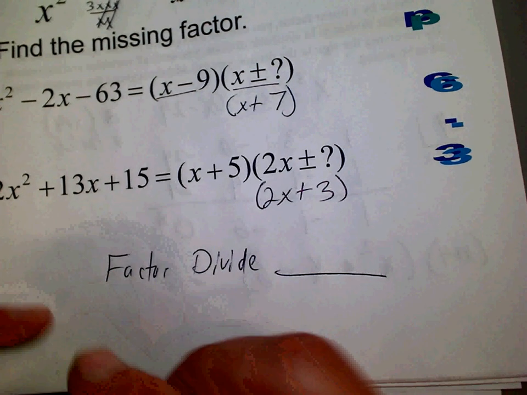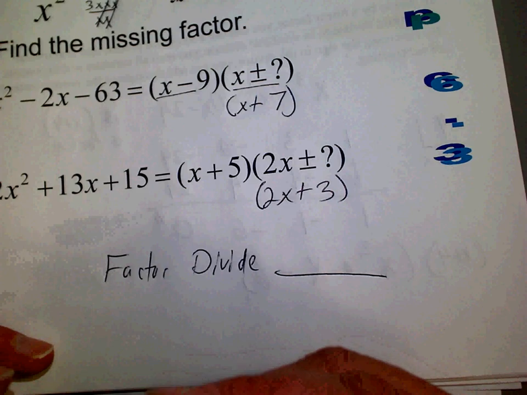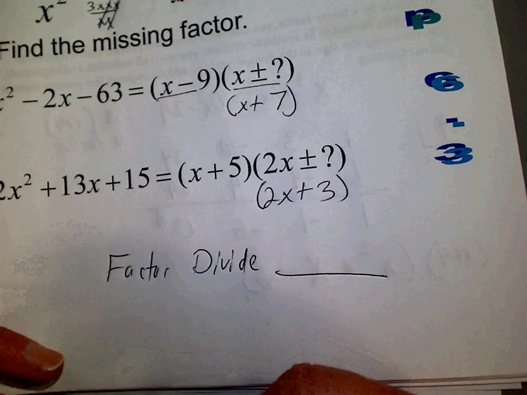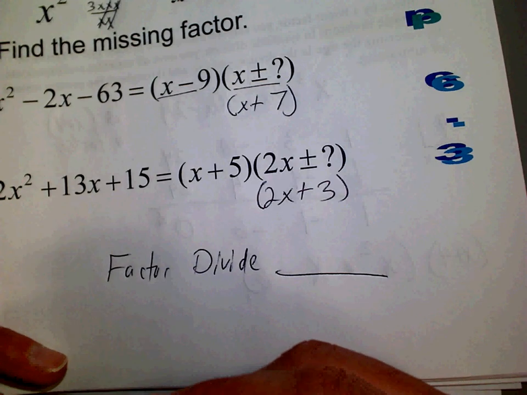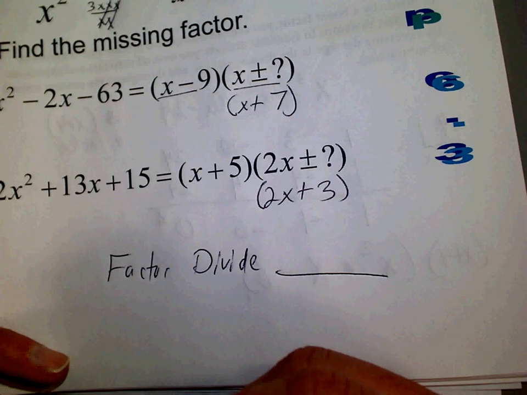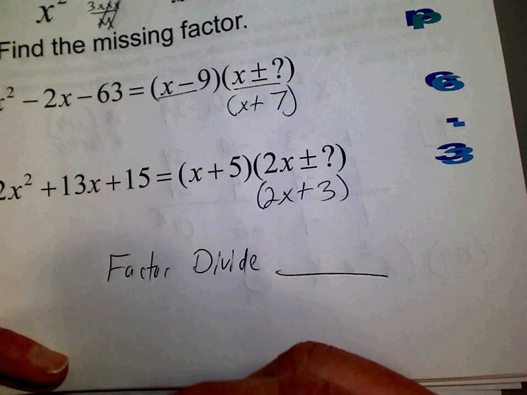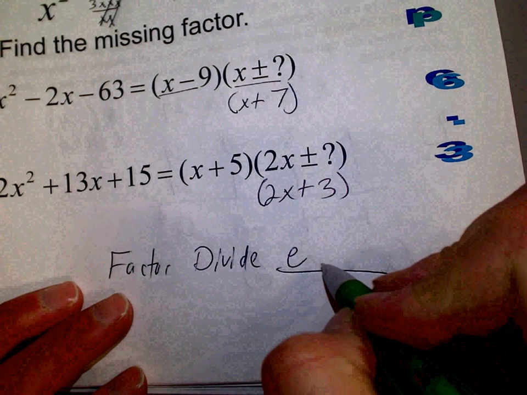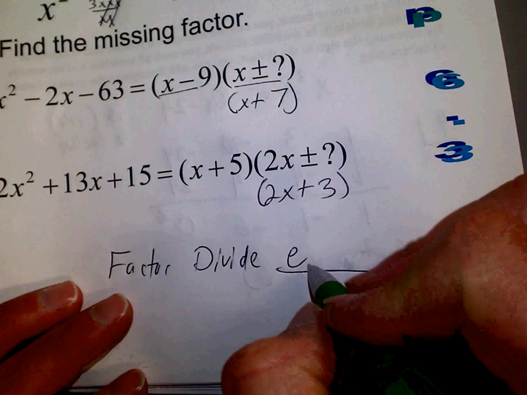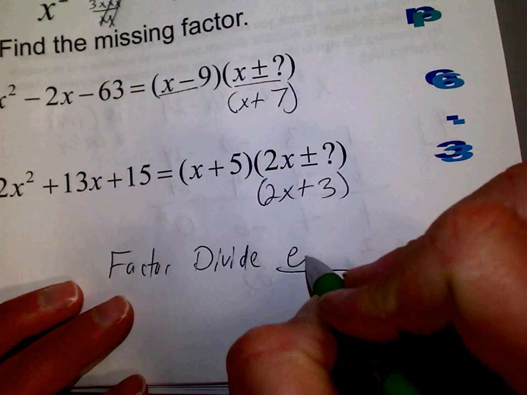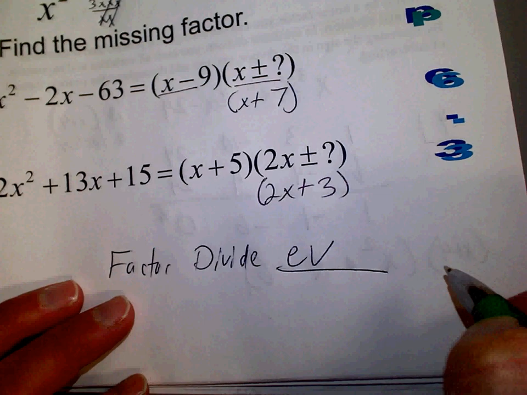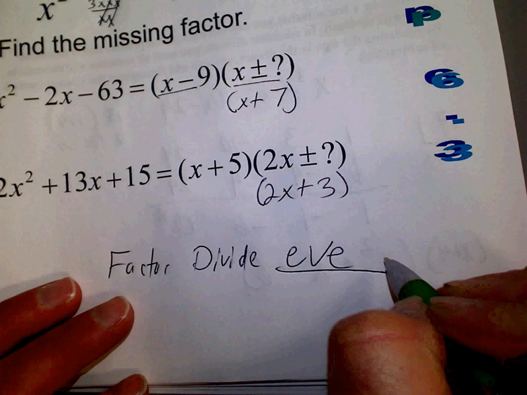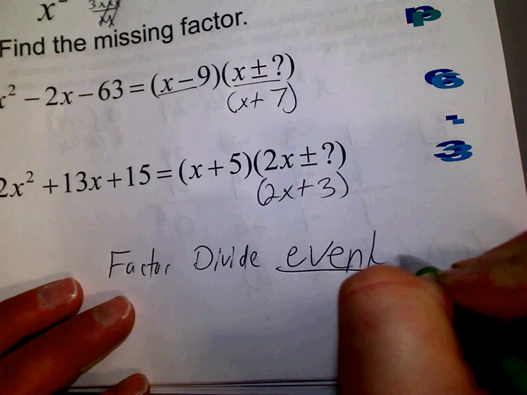Think of factors of 12. What's a factor of 12? 6, or 4, or 3. So those numbers could divide into 12. E, V, E, evenly.